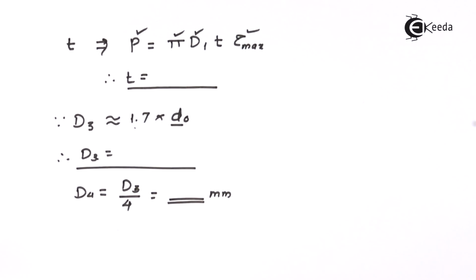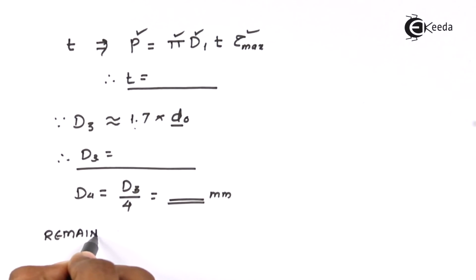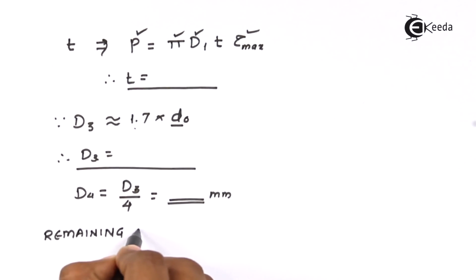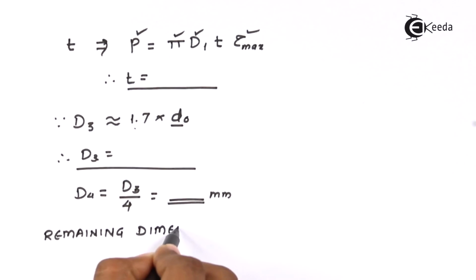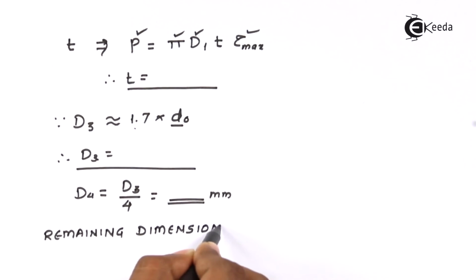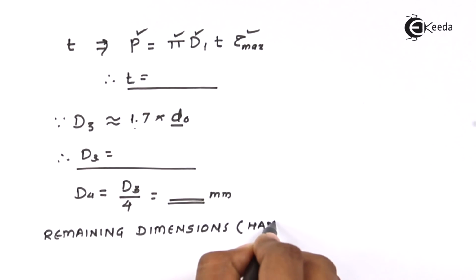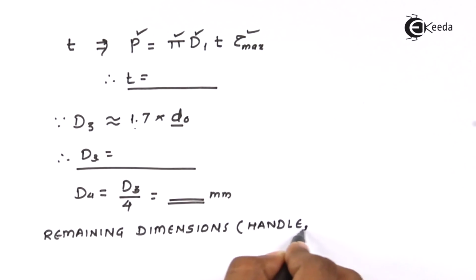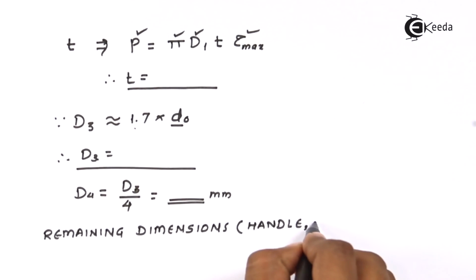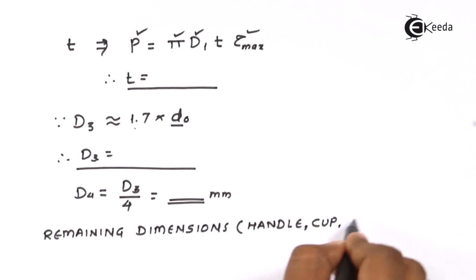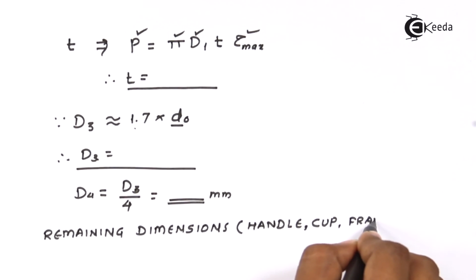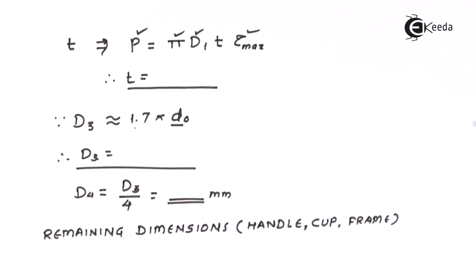So we can mention that remaining dimensions, let us specify, say handle, or let us say cup, or let us say frame, can be fetched or can be selected from the standard combinations, right?